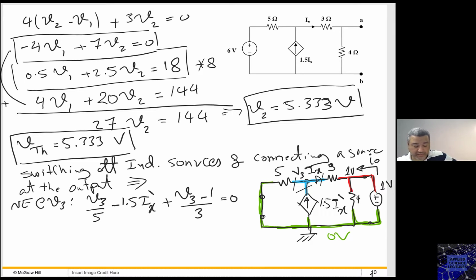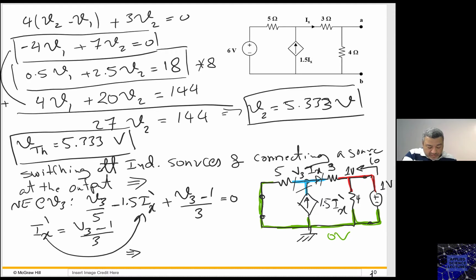Is that right? Now I need to find a relationship between Ix and my V3. What is this relationship? I know that Ix prime equals V3 minus 1 over 3. Just take this one and put it in here. What do you get?